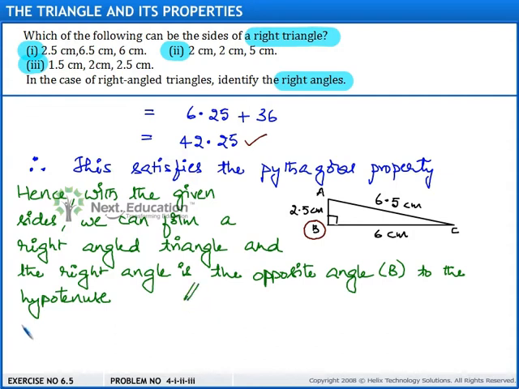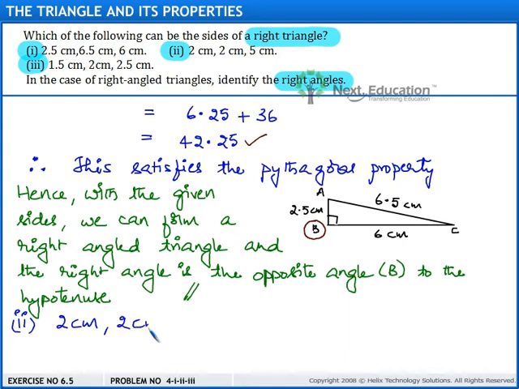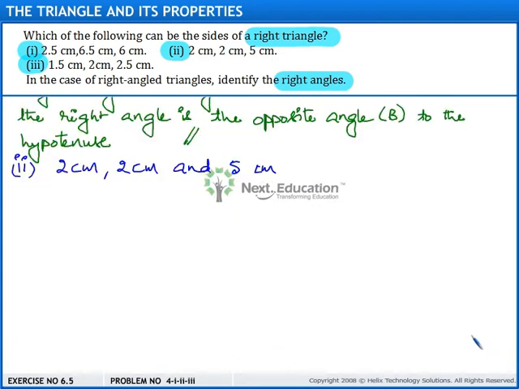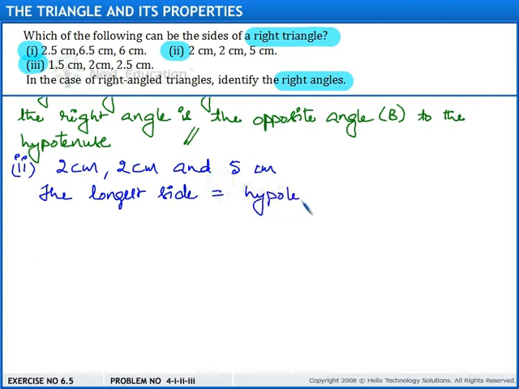Now, let us proceed with the second part of the problem. We are given 2 centimeters, 2 centimeters and 5 centimeters. The longest side, which can be called as hypotenuse, is equal to 5 centimeters.